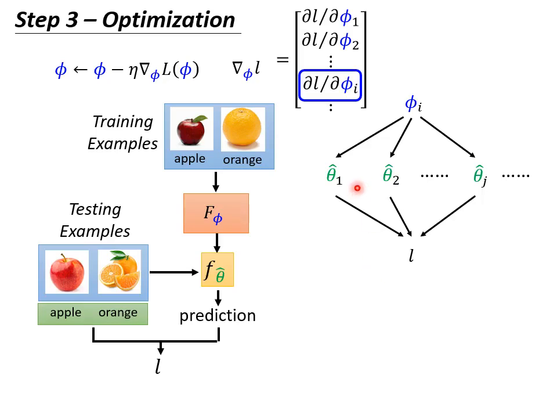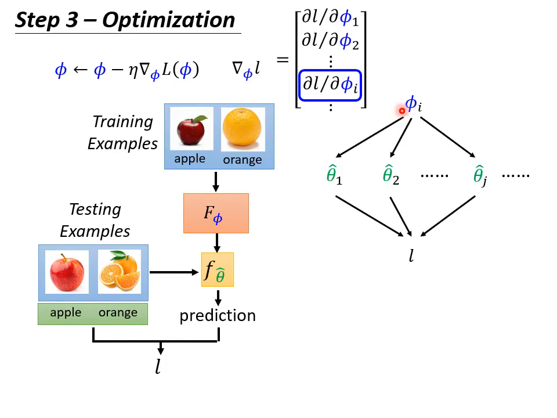So let's first consider the relation between phi and L. Phi is the initial parameter in the learning algorithm. Phi is the initial parameter of a network. So phi will influence the learned model. If we have different phi i after the gradient descent, the network parameter we finally obtain will be different.